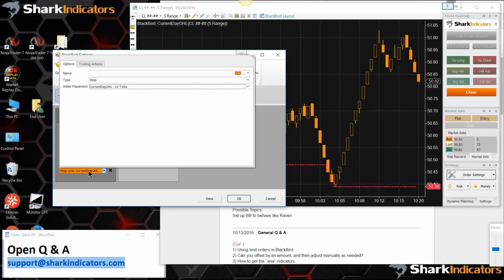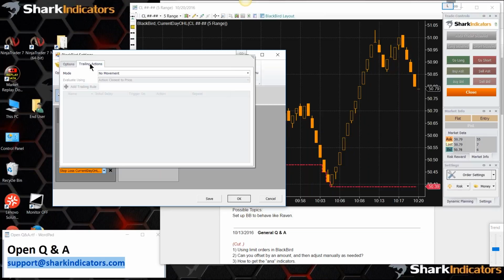So let's set up that trailing rule. All right, so we'll go into trailing actions, and we're going to set up a custom trailing rule here. So let's add a trailing rule. There we go. So this is basically a break even at 15 ticks, right?